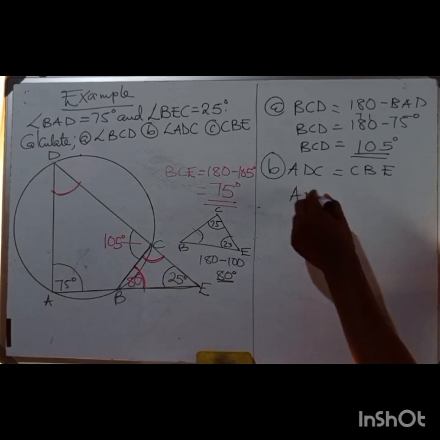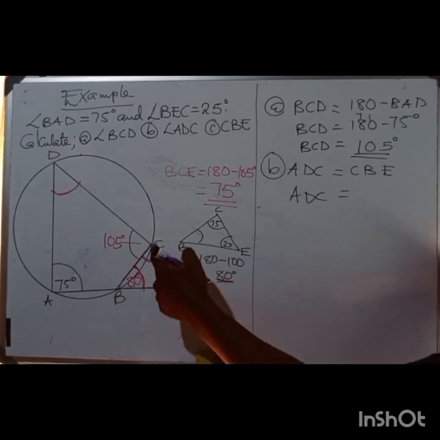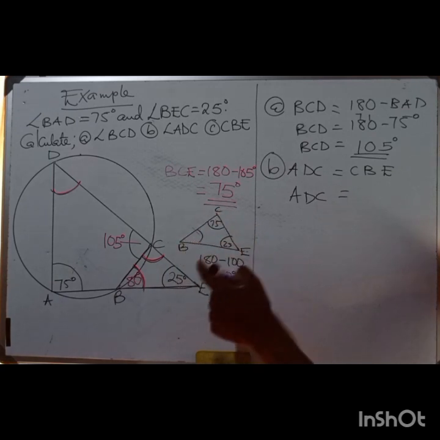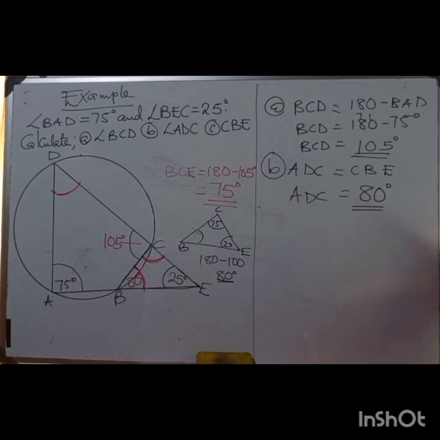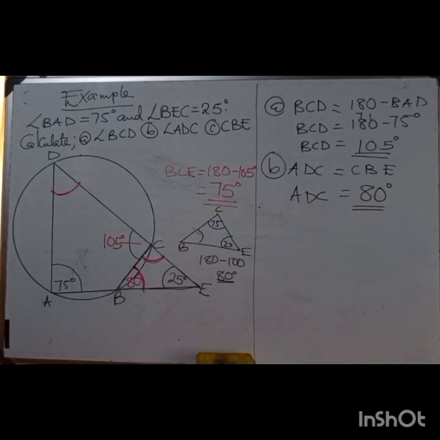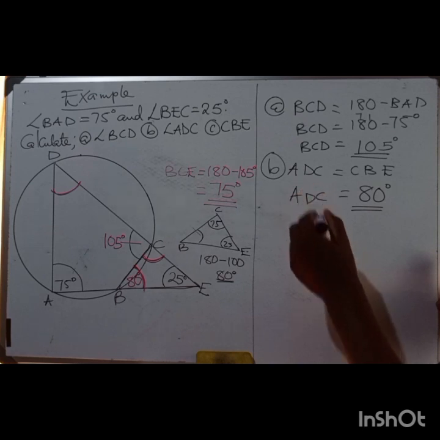Since we have known CBE is 80, it will mean that even ADC is also 80. The reason is exterior and opposite interior angles are equal. So that is what we are going to have.